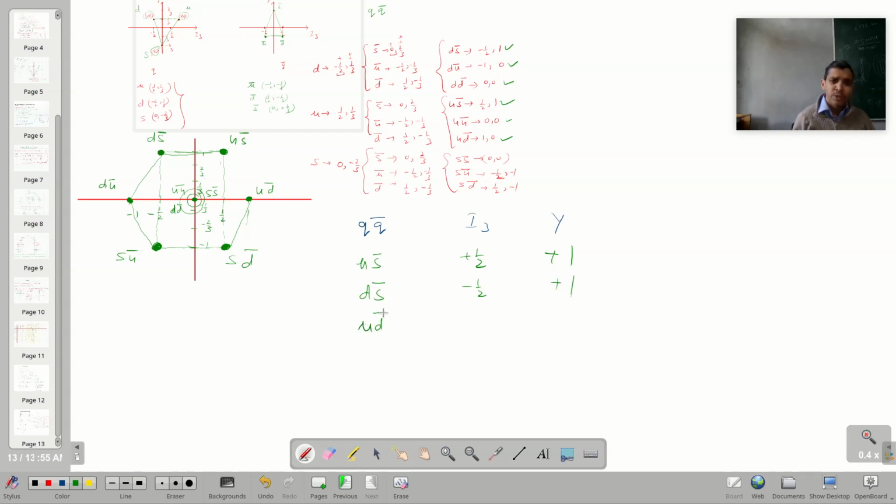And similarly we have to write down the value of ud bar, its value will be plus 1 and its value will be 0, and uu bar, its value will be 0 and 0.